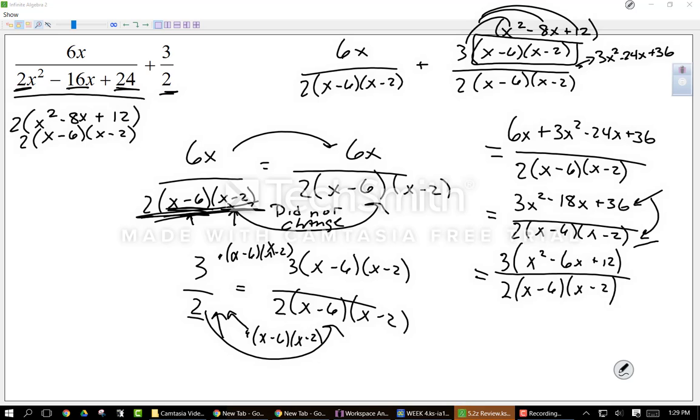What I need to do with this trinomial here is to try to factor using an x. So I get 12 and negative 6. If you try to do the math, there are no numbers that are going to be the magic numbers that make positive 12 but add to a negative 6. That means that trinomial, x squared minus 6x plus 12, cannot be factored.